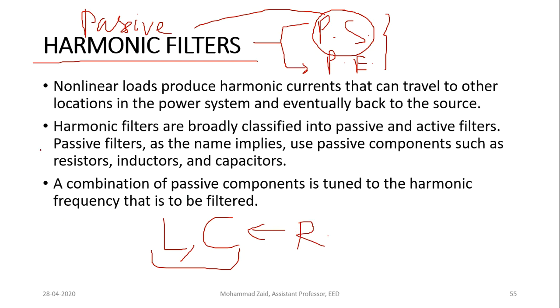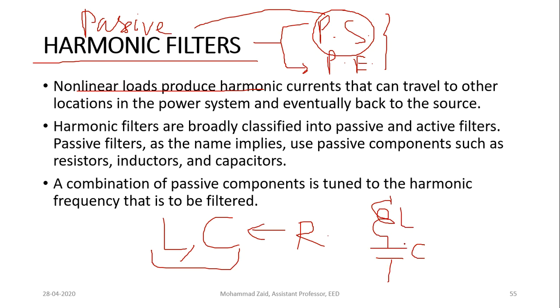Since we have been talking about harmonics for a few weeks, this is all trivial: non-linear loads produce harmonics, and these harmonics travel into the system. So the ultimate aim of harmonic elimination is that we need to give the harmonic a path, either through a branch like LC, which can act as a filter, or by another means.